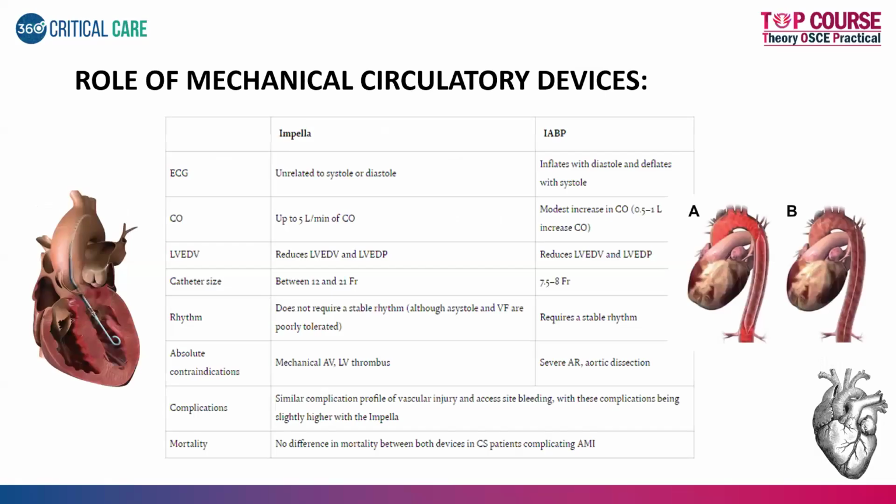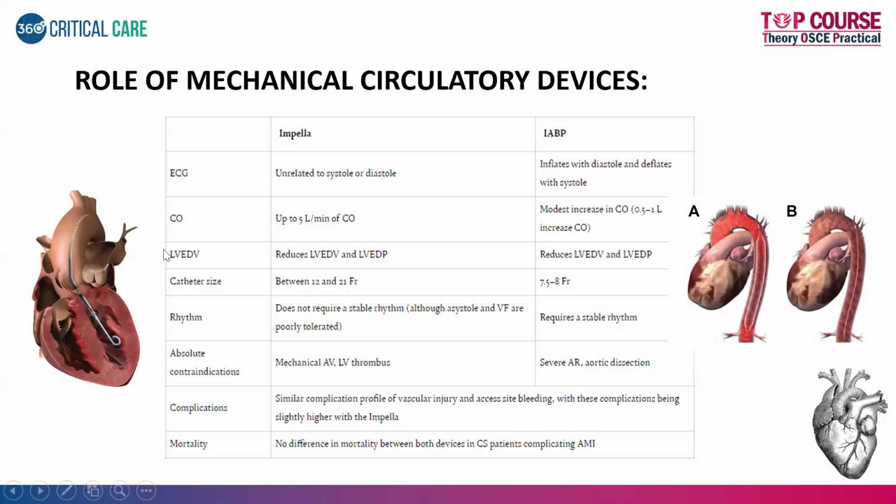So Impella and IABP, this is what you need to know. With IABP, you have the balloon in the descending aorta, and it is based on the aortic counterpulsation mechanism, whereas Impella is directly inserted into the left ventricle, and it offsets the pressure-related changes, causing volume reduction.